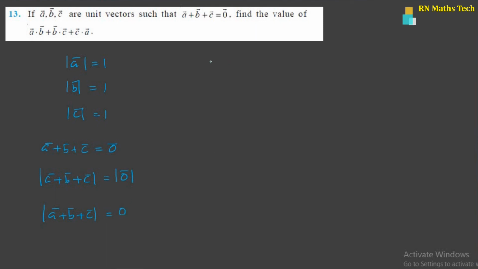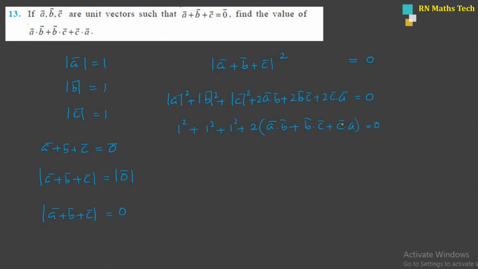Now squaring, modulus of a bar plus b bar plus c bar, the whole square is equal to 0. Now expanding, mod a square plus mod b square plus mod c square plus 2 a dot b plus 2 b dot c plus 2 c dot a equal to 0. These are unit vectors, so 1 square plus 1 square plus 1 square, and 2 can be taken outside: a dot b plus b dot c plus c dot a equal to 0.